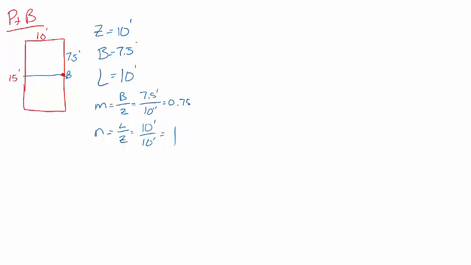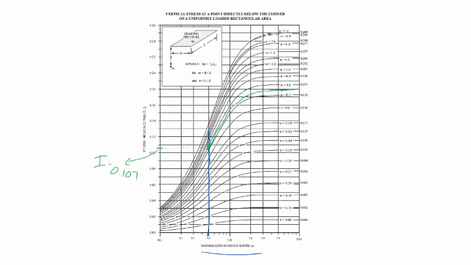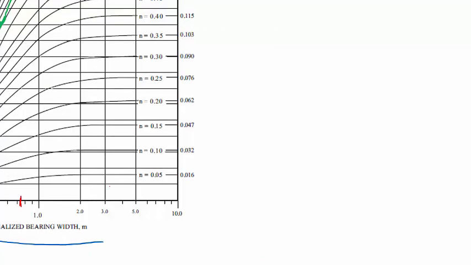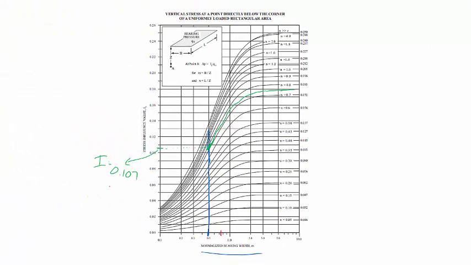And now that we have M and N, let's back up to our Navy chart. And we can go ahead and use red for point B. Remember, M this time was 0.75, which is right here. Draw a vertical line.